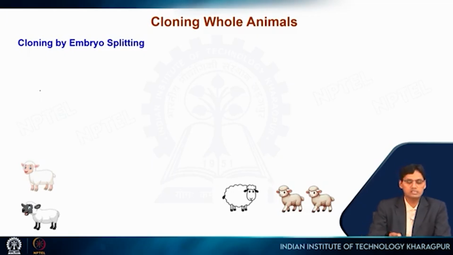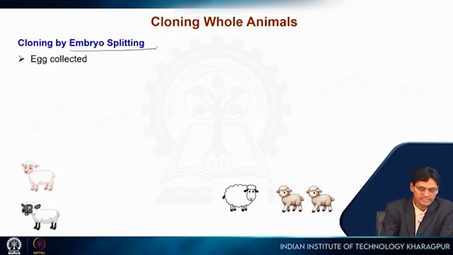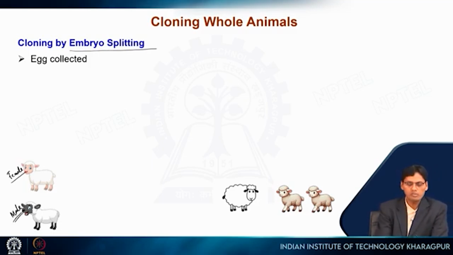One method is called embryo splitting. In this case, for example, we are taking cells. If I consider this is the female sheep and this is the male sheep, from this female sheep, eggs can be collected.